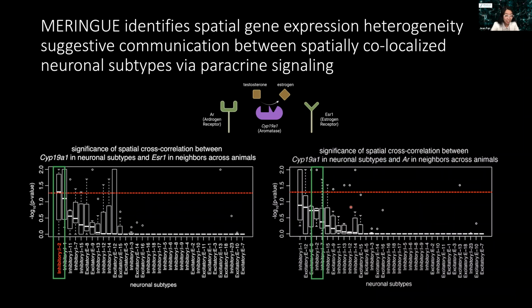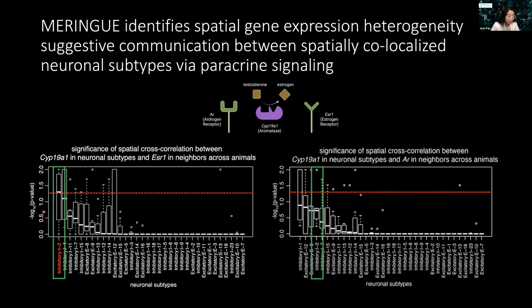And we looked across various pairs of genes, and what we find is that interestingly, there is this significant and consistent spatial cross-correlation between a particular gene, this CYP19A1 gene, which encodes for this enzyme called aromatase, but its expression in neuronal subtype I2 is significantly spatially cross-correlated with the expression of this ESR1 gene, which encodes for an estrogen receptor in the spatial neighbors of these I2 cells.